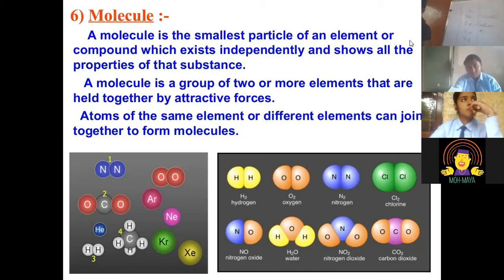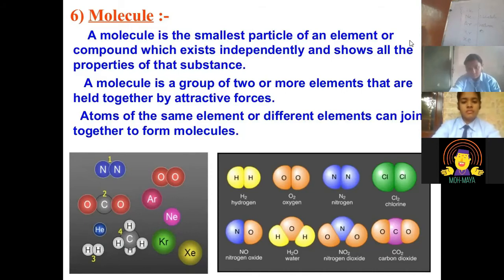Now those, as per our chapter 4, that do not have their last shell complete, tend to share electrons, lose electrons, or gain electrons.